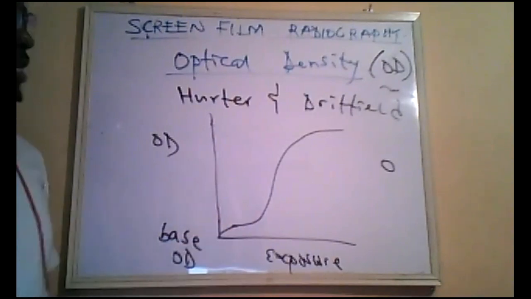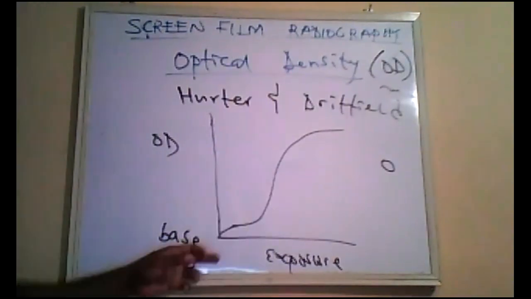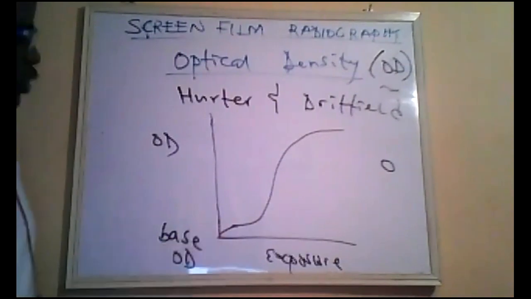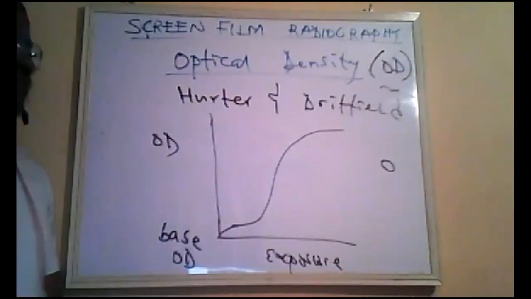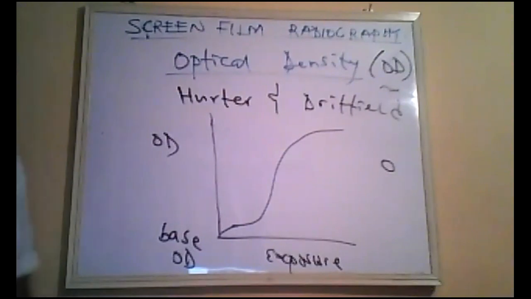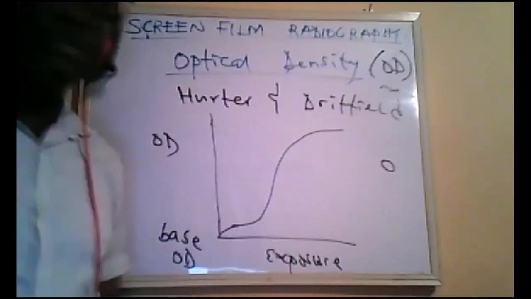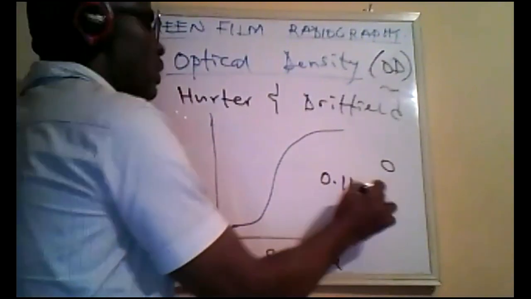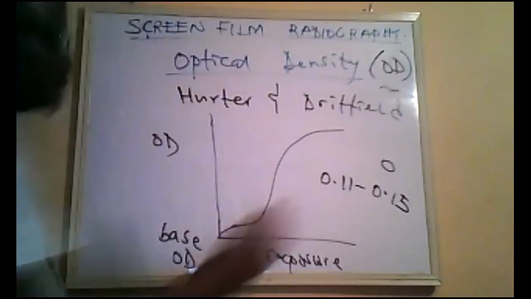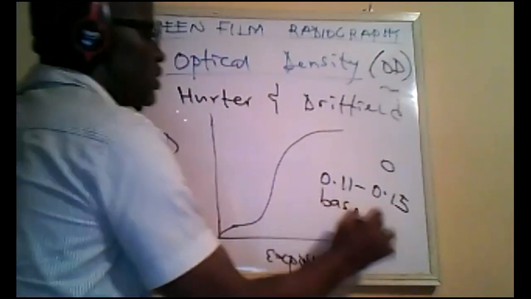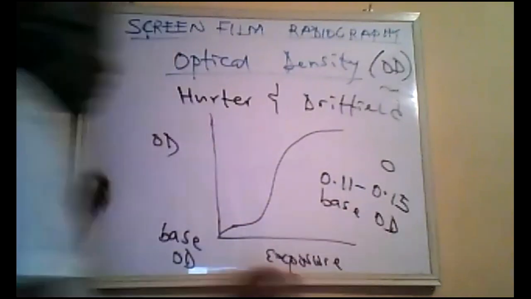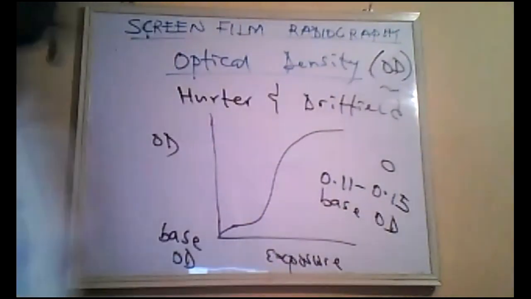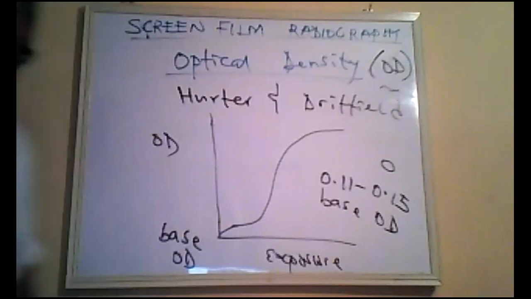All these will contribute to the OD not being equal to 0 for a freshly prepared or freshly bought film. The base optical density of a film will have a value from 0.11 to around 0.15. That is on one hand.